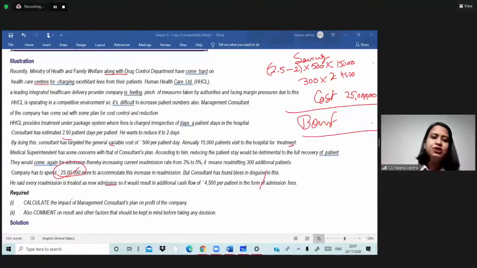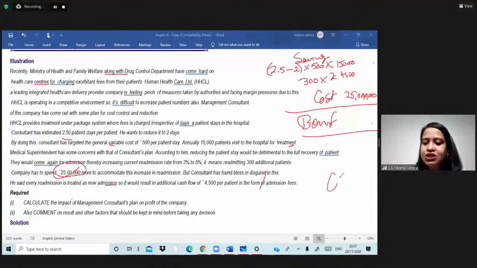For the long-term perspective, we have to consider both financial and non-financial factors. Though financially this proposal is good, non-financially this is not good. Why? Because this will increase patient dissatisfaction. Patients are going out of the hospital without being fully recovered, and this will increase the dissatisfaction among the patients.